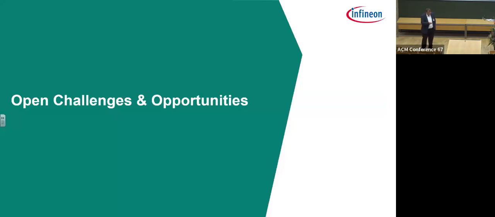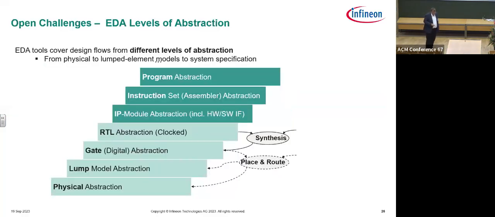As the other speakers, I also want to talk about some challenges. Very important is, where do we come from? Let's say, the world before machine learning and language models and the world after. We tried to structure the world. We had physical abstraction, lumped model, gate, and so on, and we knew what we were doing. Between every step, we knew what we abstracted and what we did.